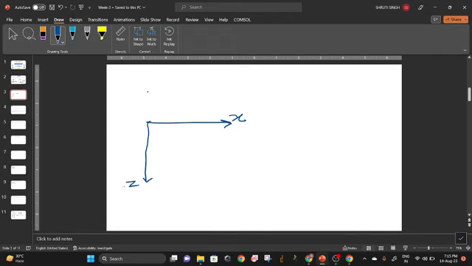Can you think whether the answer would change if I write up or down? And x is positive x on this side, right? Yes, ma'am. So before transformation I have a position vector here. Let the coordinate be x1, z1, and it has a length of L.